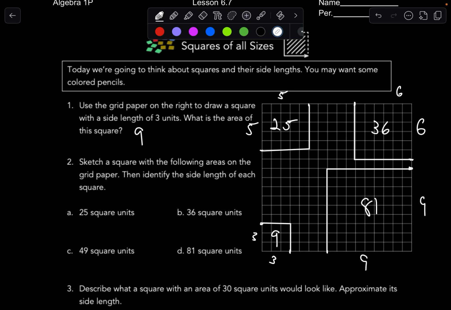And I forgot to do the 49 square units, which would be 1, 2, 3, 4, 5, 6, 7, right there.